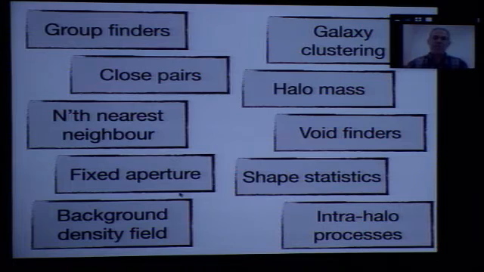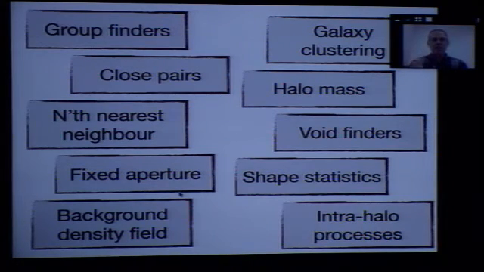So if you're using these environment measures to explore the physics of galaxy formation, if you take a void galaxy measured from nth nearest neighbor and a void galaxy measured from fixed aperture, you're actually examining totally different physical scales, the physics on different scales. And so again, it's a warning that these things aren't doing the same thing. They're not measuring the same thing.